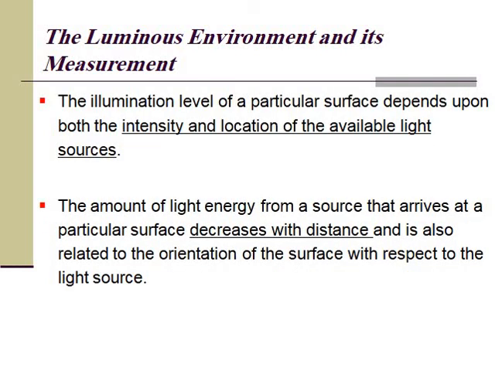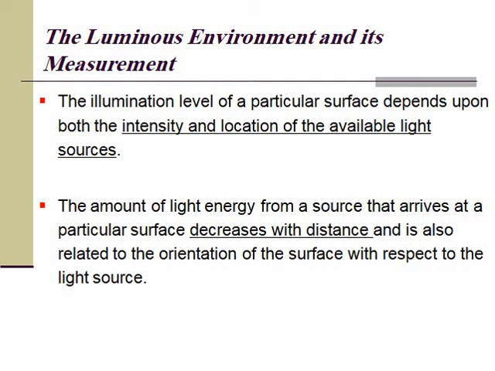The illumination level of a certain surface depends on the intensity and the location of the available light source. The amount of light energy coming from a certain source and arriving at a certain surface decreases as the distance between the light source and the surface increases.